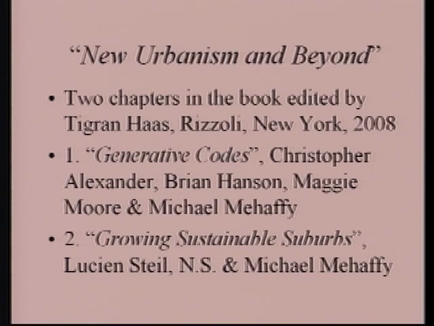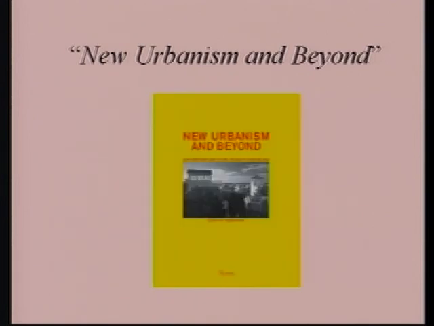And there is a second chapter entitled Growing Sustainable Suburbs. That's written by Lucien Steil, myself, and Michael Mahaffey. And here's the book, New Urbanism and Beyond. And of course, it contains many, many more chapters by noted urbanists. And I think it'll be very useful to those who want to go deeper.